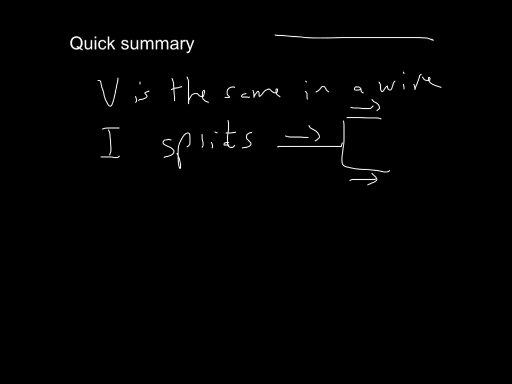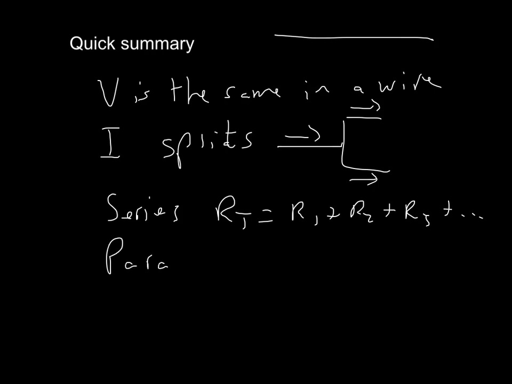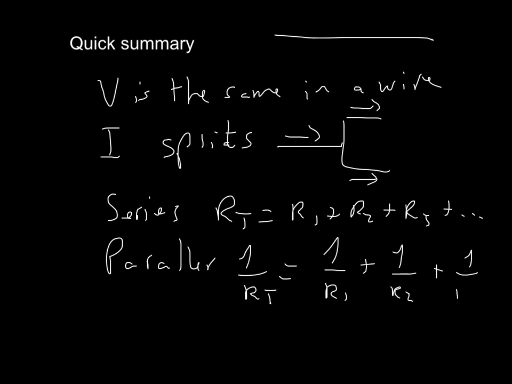Third thing, that in series, the total resistance is the sum of all the resistances that I put together. That in parallel, it's similar but not quite, which is the sum of the inverses of all the resistances gives me the inverse of the total resistance.